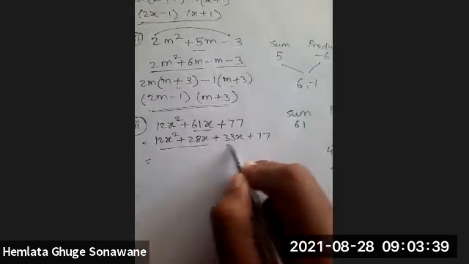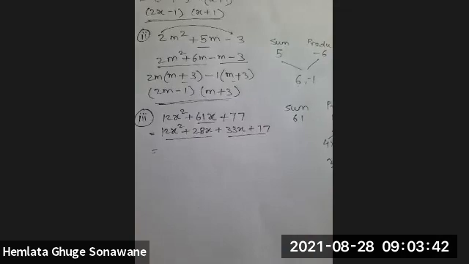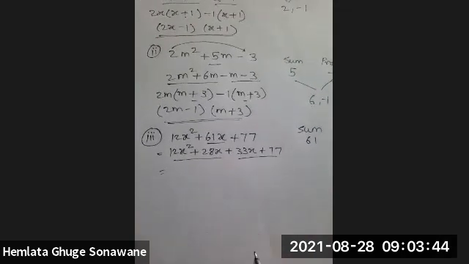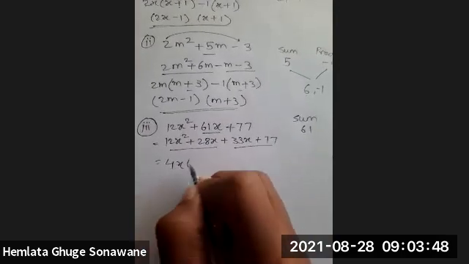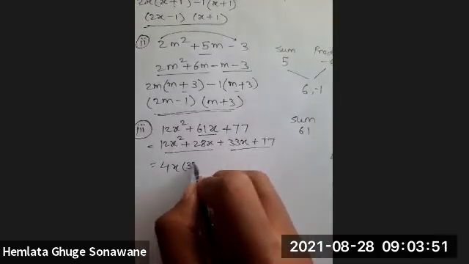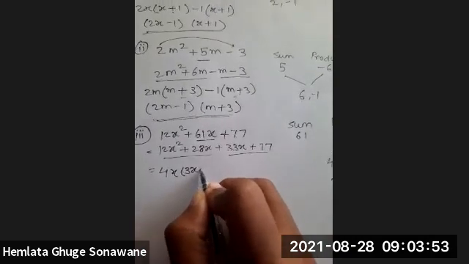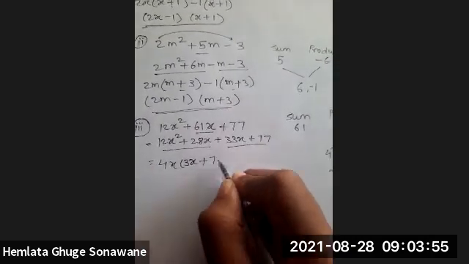Now we'll take common factors from these terms. Here we will take 4x common, then 3x plus 7 remains.